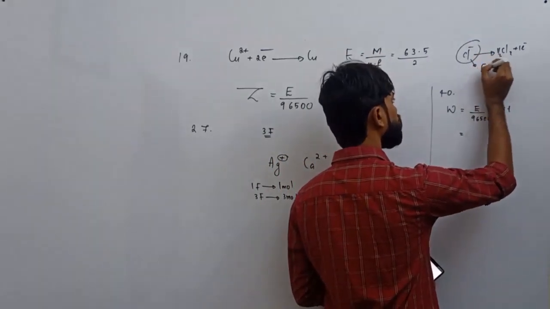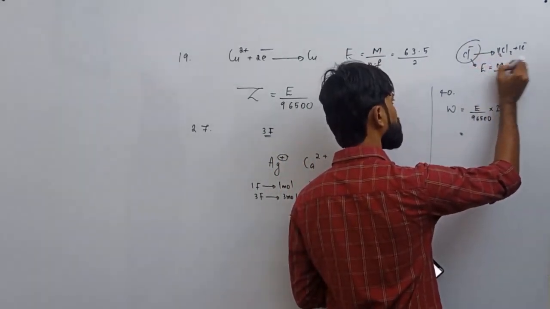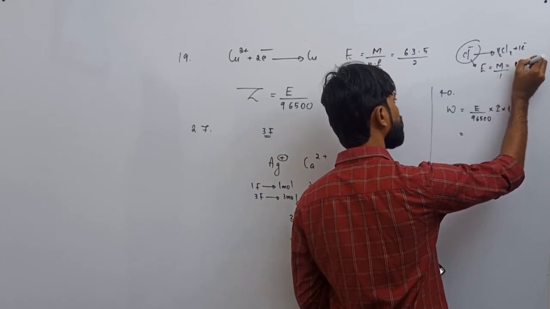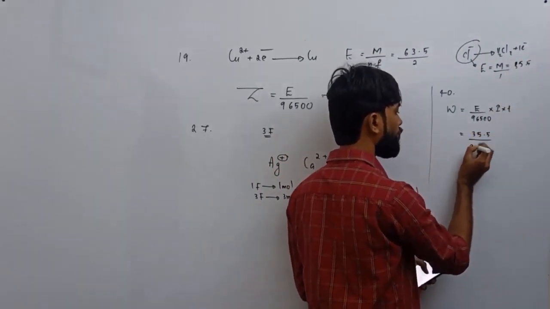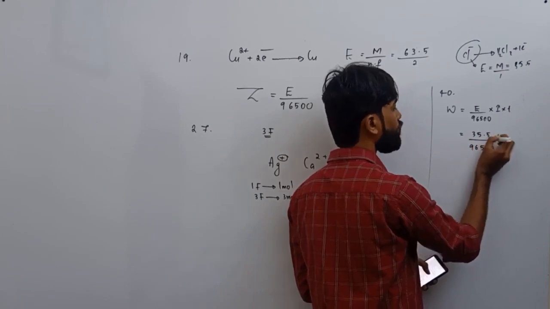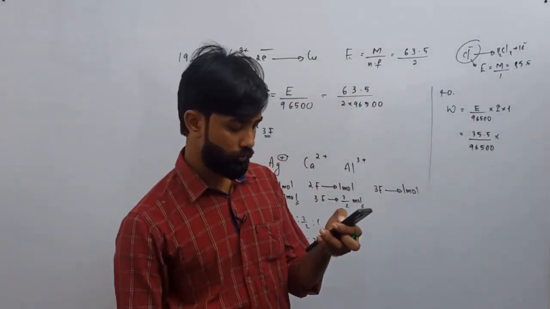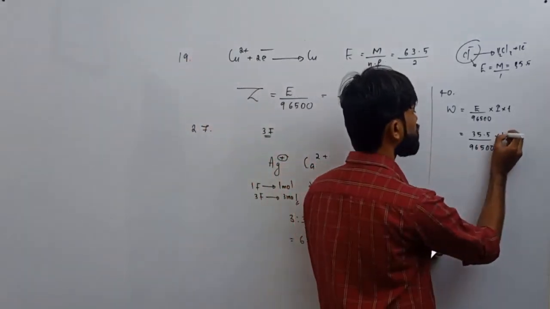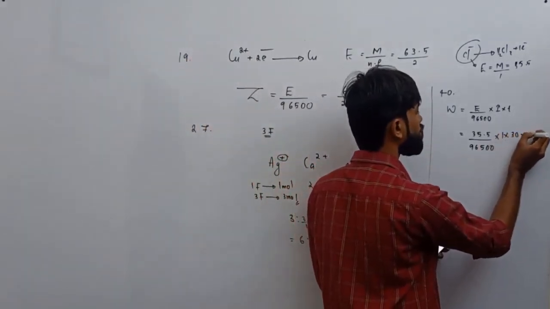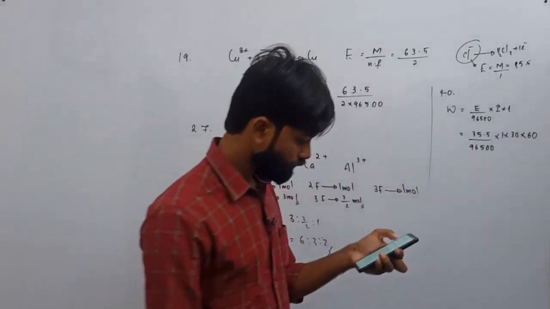So the equivalent mass of chlorine will be the molar mass divided by 1, which means 35.5, divided by 96500. You want to find the weight deposited, right? The current passed is 1 amp, for 30 minutes, so 30 into 60.